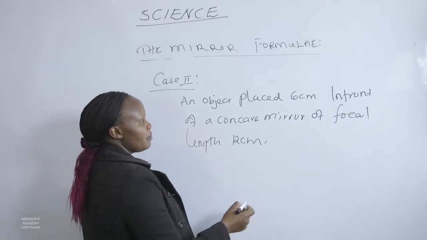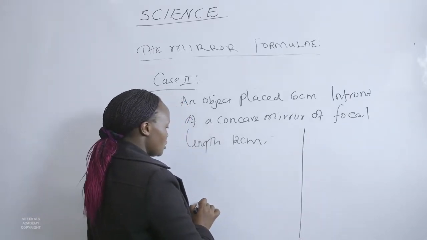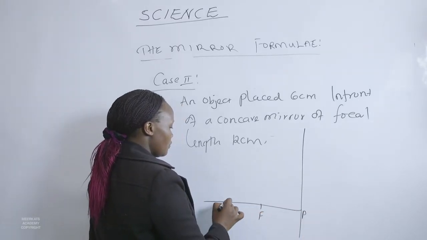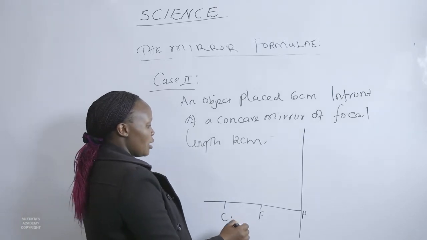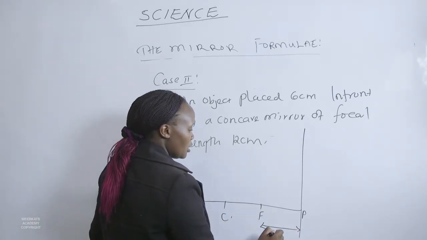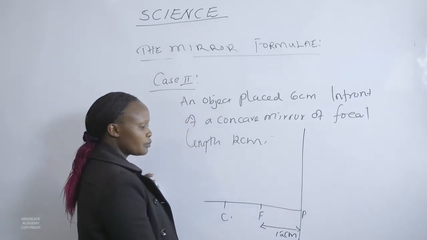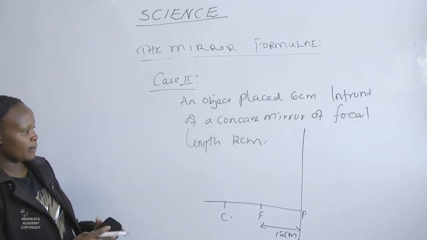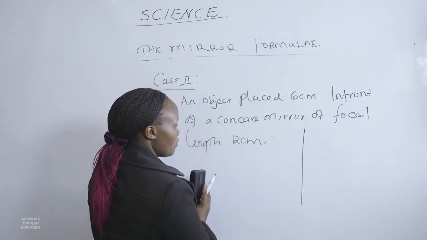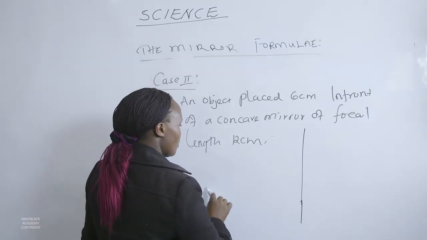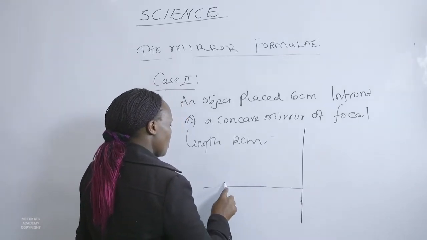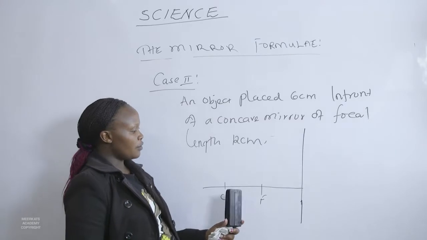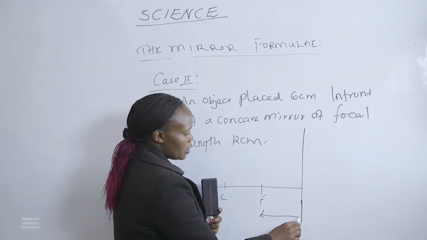Now, I'm imagining that we are plotting this case, so that now that's the pole, that's F, and that's C. Our focal length is 12 centimeters, this one here.